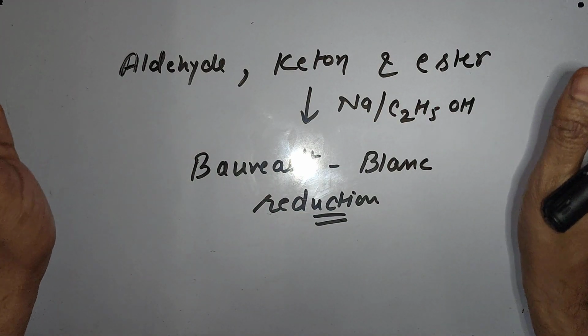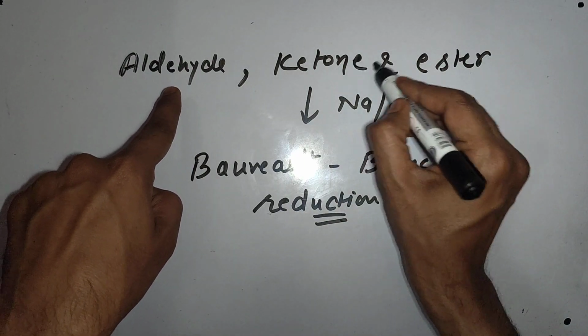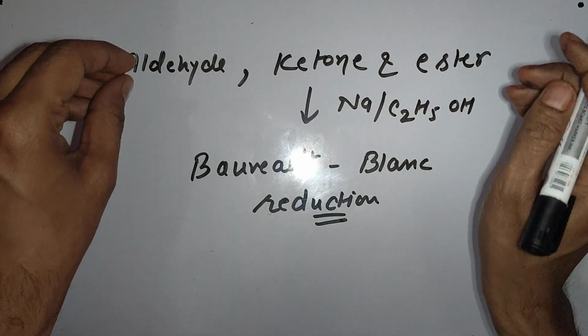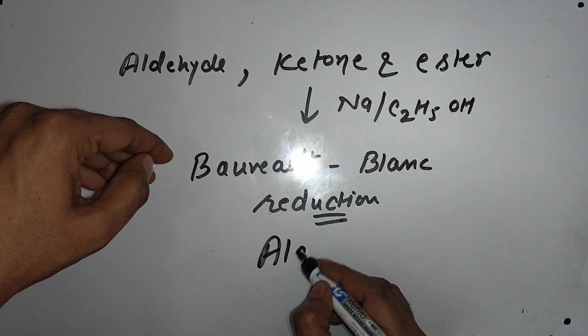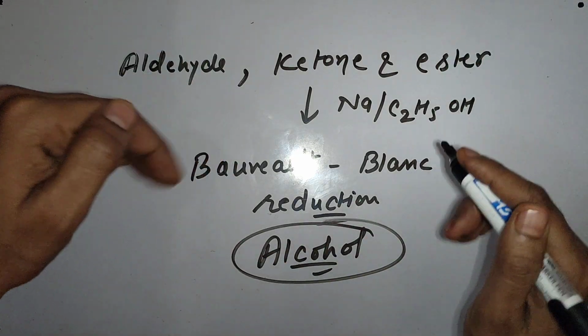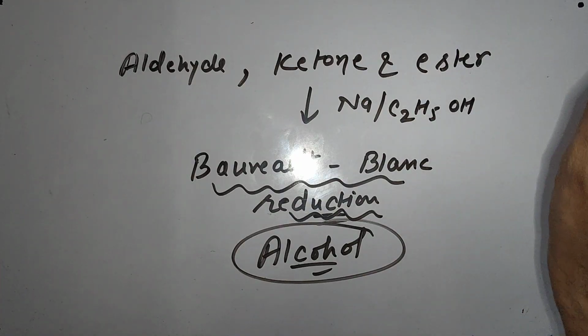Note it down. Very, very important. It is a name reaction. Aldehyde, ketones and ester, if you are reducing with the help of sodium and alcohol, they will obviously be reduced to the alcohol stage. They will create alcohol. This reaction is known as Bouveault-Blanc reduction. It is a name reaction. That's it.